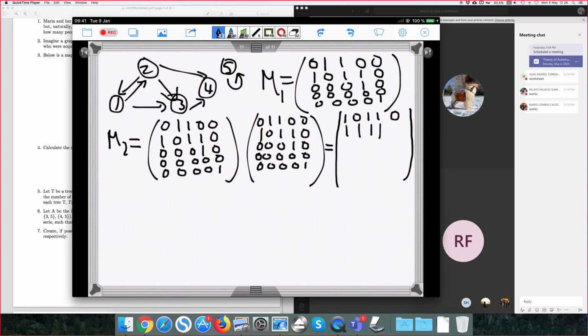I'm computing what is 1 and 3. Sorry. So 0, 1, 1, 1, 0. This is now the paths that go from 2 with length 2 in the graph. So I have this path here to 3, this path that goes back to 2, and for instance this path that goes to 4.